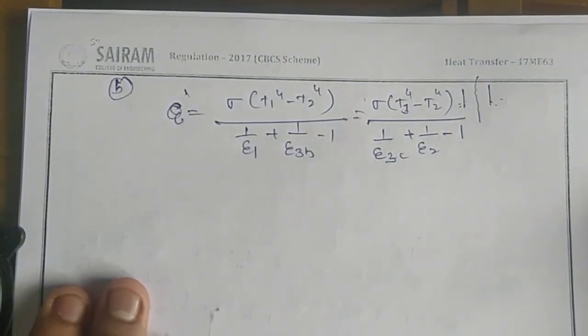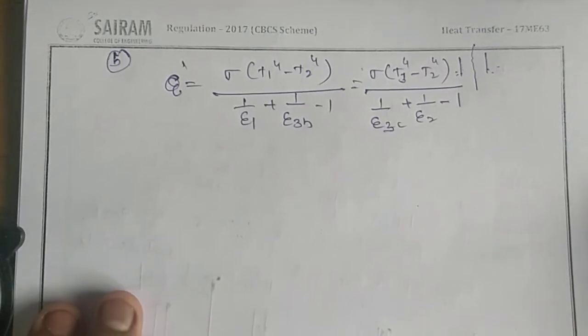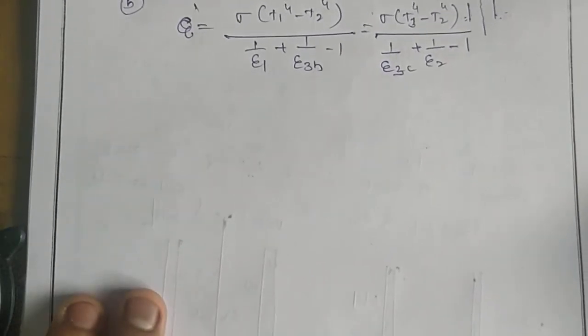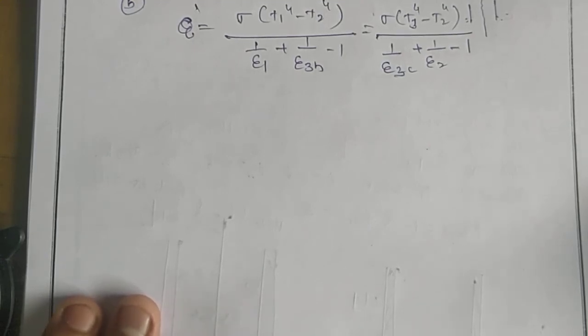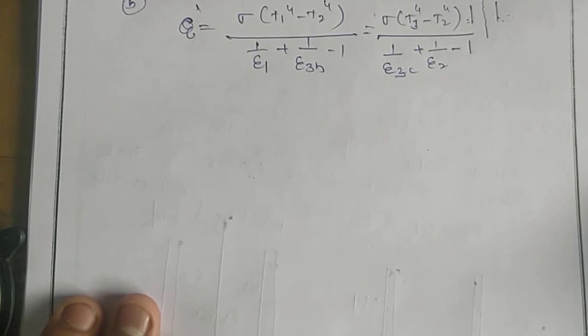Then we can write the thermal equilibrium. Here T3 is the temperature of the shield, and epsilon 3H and epsilon 3C are the emissivities of the shield towards the hot plate surface and the cold plate surface.